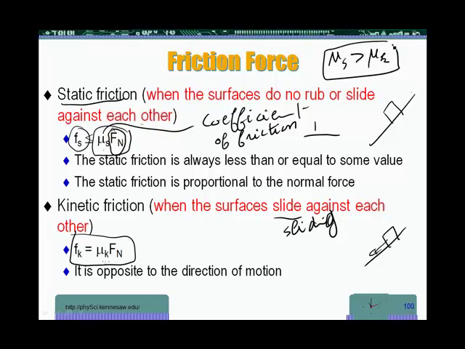Now, the force itself is going to depend on how hard the surfaces push against each other, and that's measured through F sub n, the normal force. And for static friction, it's going to be always less than or equal to that maximum value. Okay, remember, and I'm going to go through it again for just one second, remember what we did while pushing on that cabinet.